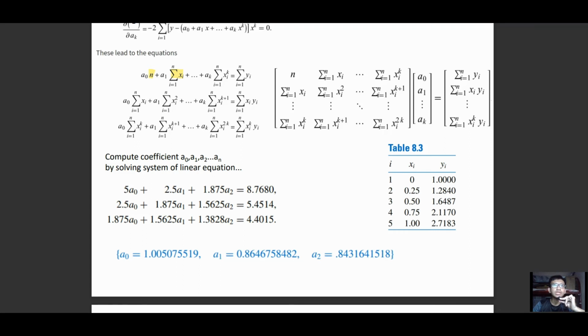Since the polynomial that we want to fit is of degree 2, we equate k equal to 2 here. Okay, and then after we do the sum, we need to find this value over here. Yes, and that's why we got this system of linear equations.